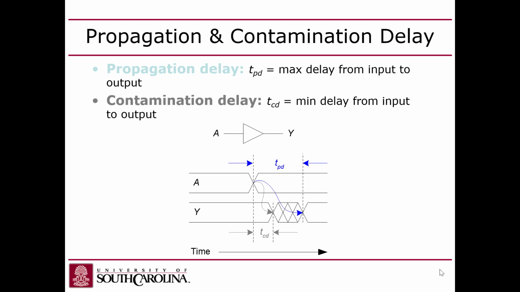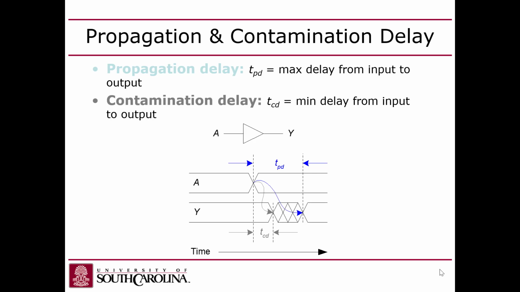So the propagation delay is really just the speed of the logic gate, because it's the amount of time you have to wait to ensure that you've reached the final output value. The contamination delay is the minimum amount of delay before you'll see any change to the output.